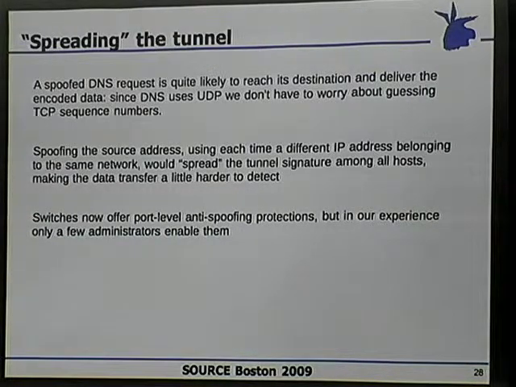Of course, this is not bulletproof. Modern switches all provide some kind of per-port protection that is able to figure out whether spoofed traffic is coming from there. But again, in our experience, only the most paranoid administrators actually enable this kind of protection.